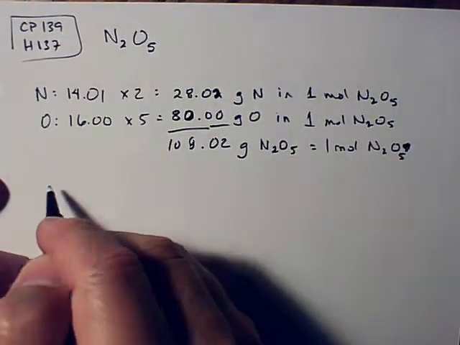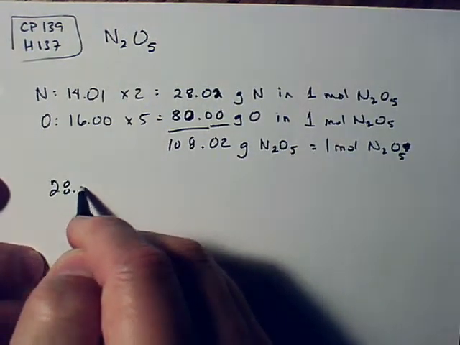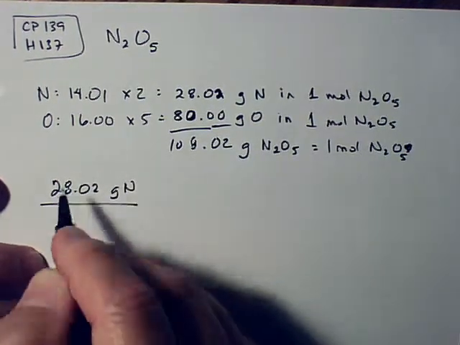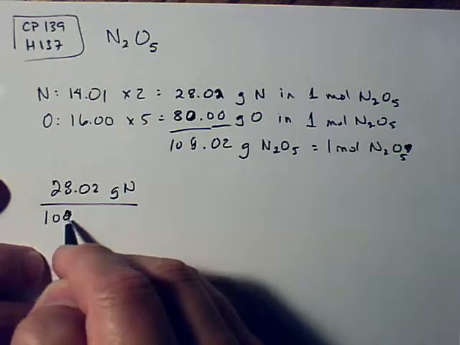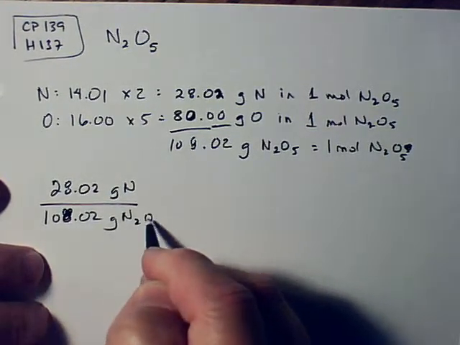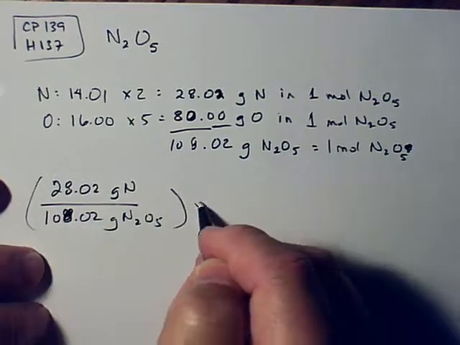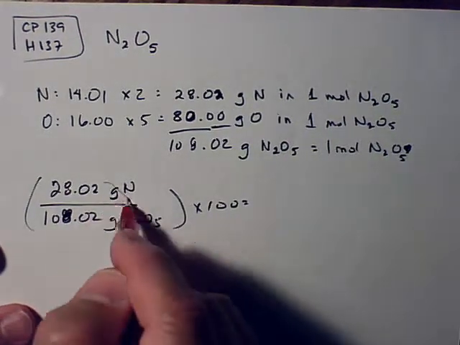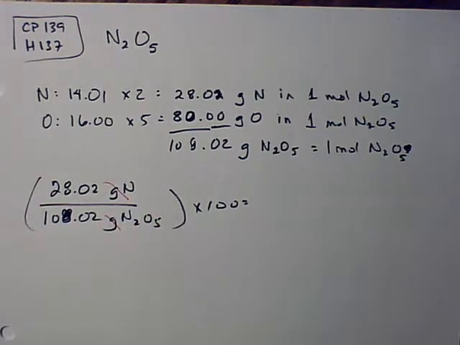So let's see, we're going to take 28.02 grams of nitrogen and 108.02 grams of N2O5. Percents are always times 100. Okay, notice the units cancel. Now, not every percent cancels the species, but every percent should cancel the grams.